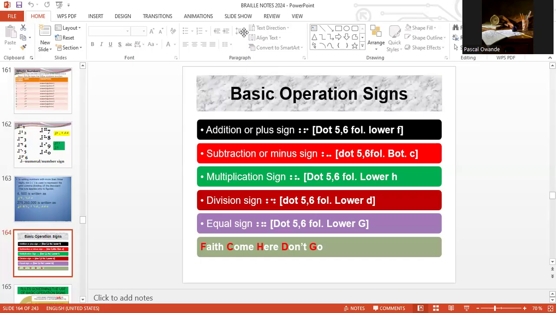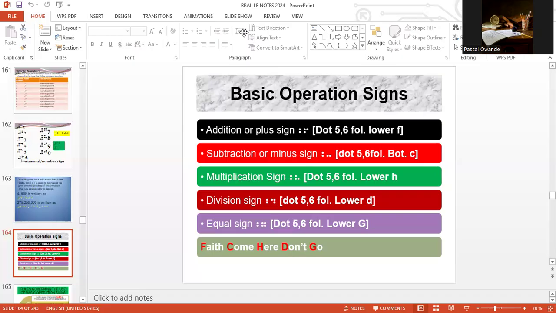We have the division sign, which is dots 56 followed by lower d. And then we have the equal sign, which is dots 56 lower g.